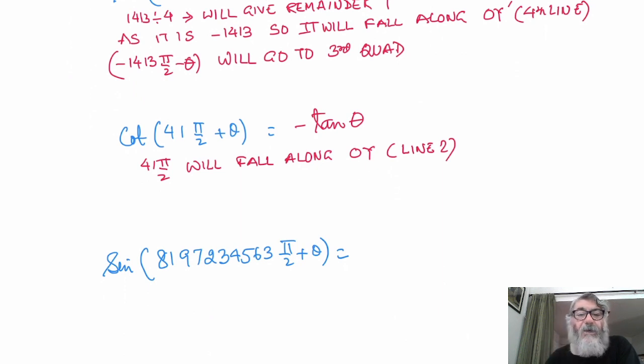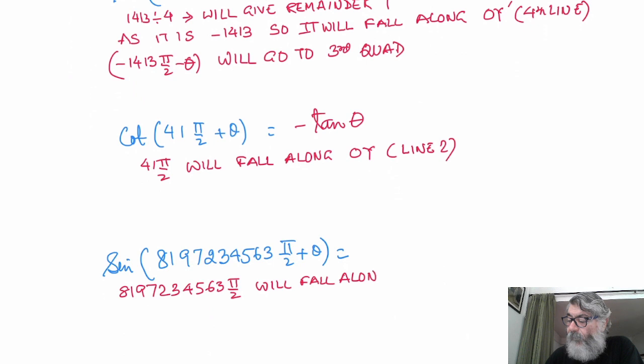So 8197234563 pi by 2 will fall along OY dash, the fourth line, and plus theta means it will go beyond that.